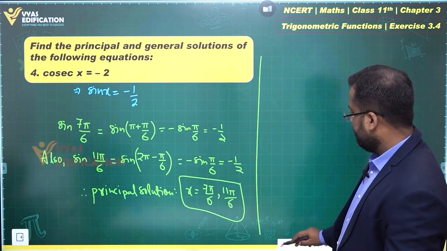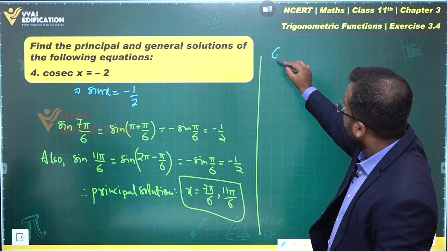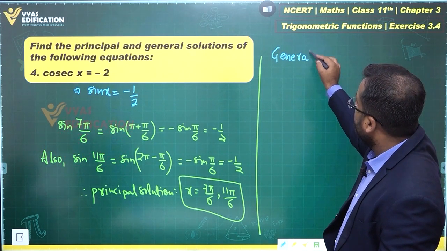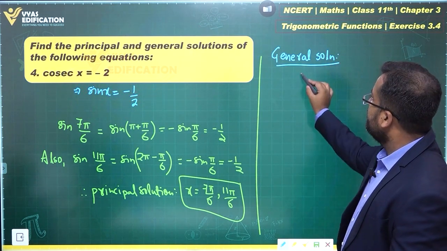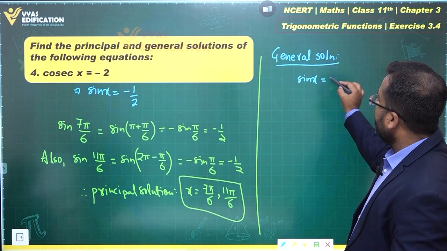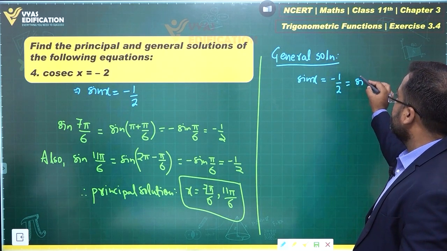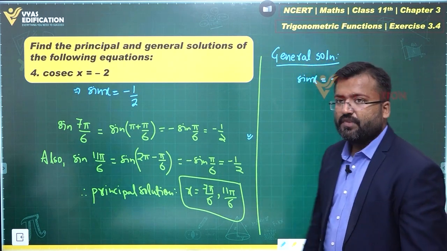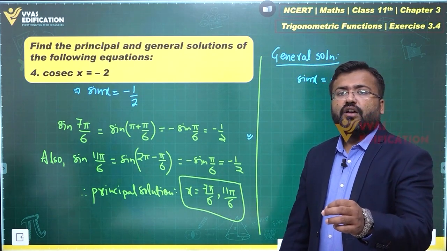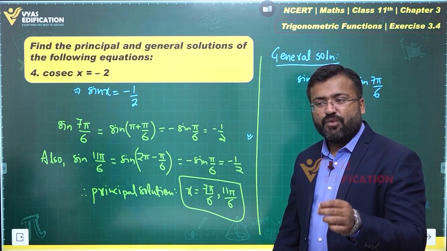General solution would be, for general solution, I'll once again use sine. Sin x equals minus 1 by 2, which is equal to sine 7 pi by 6, as you can observe from here, right? Once you're okay with this, sin x equals sin theta.